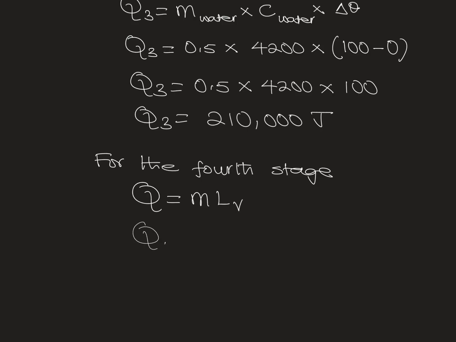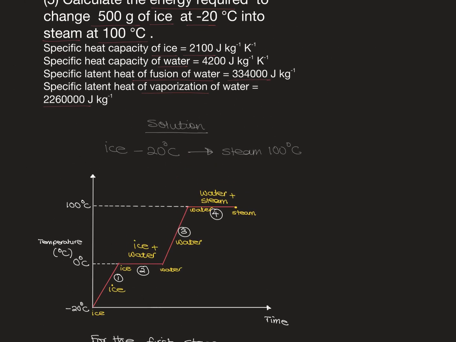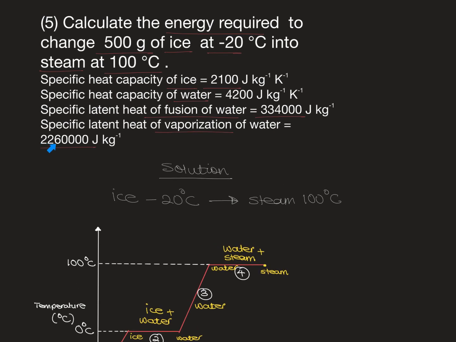So we can say Q4 is equal to the mass of the water multiplied by the specific latent heat of vaporization of water. So Q4 is equal to the mass, 0.5, times the specific latent heat of vaporization, which is given in the question as 2,260,000 joules per kilogram.